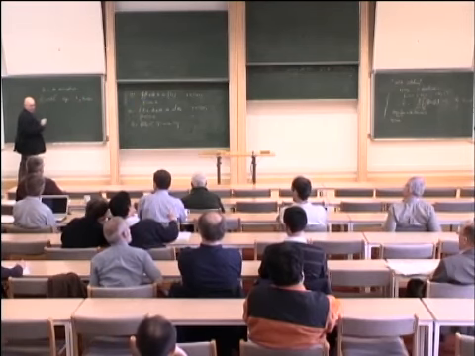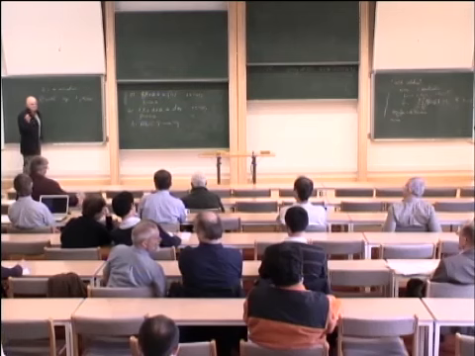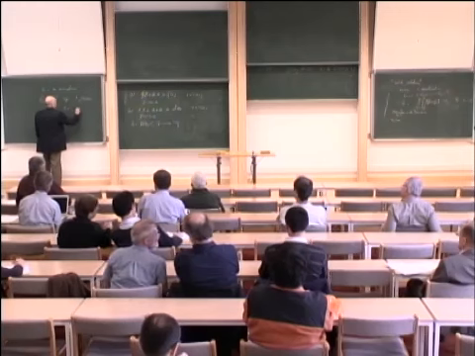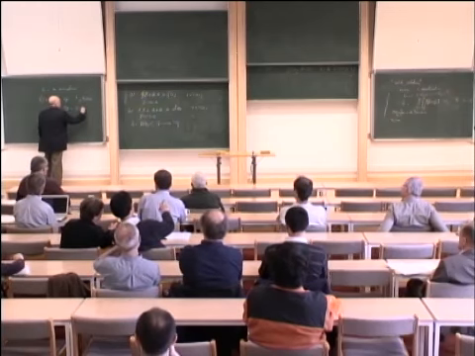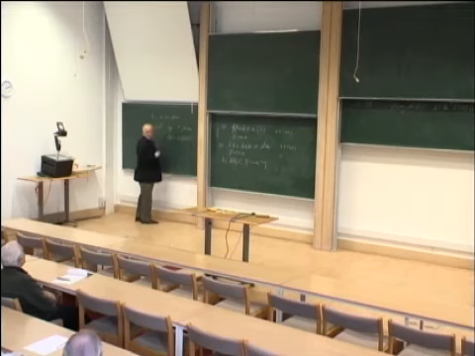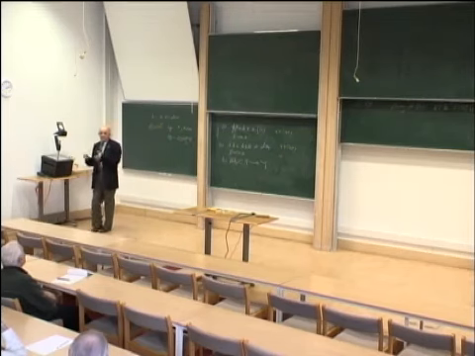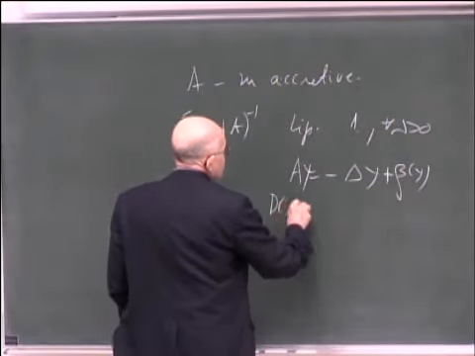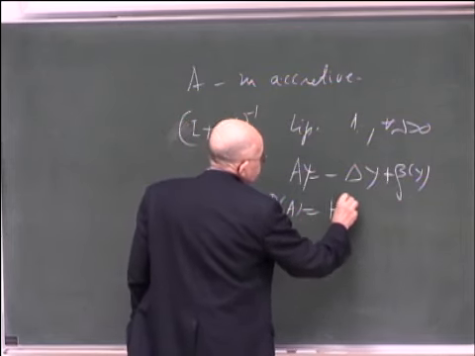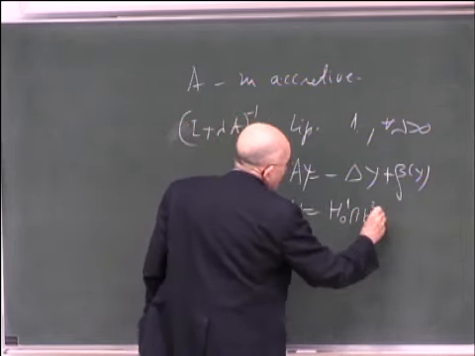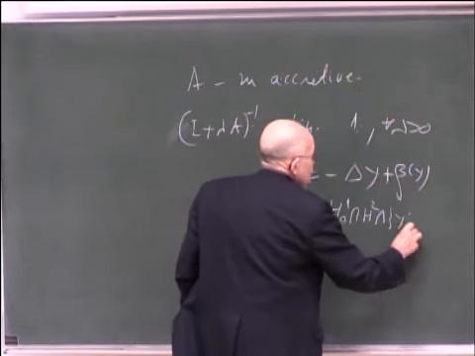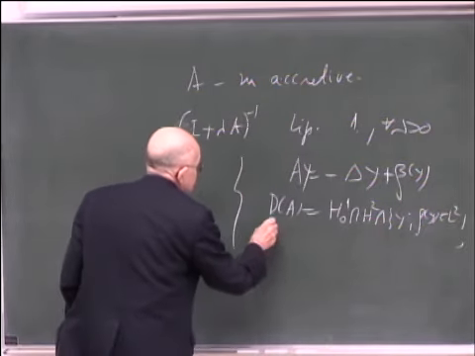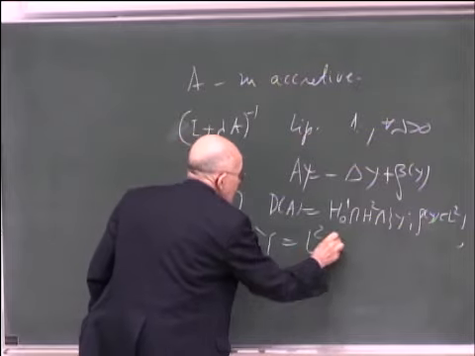For instance, an example of an M-accretive operator is this operator A y = -Δy + β(y), where β is a continuous function, could also be multivalued, with domain of A equal to the y in H^1_0 intersect H^2 for which β(y) is in L2. And the space Y, in this case, is L2(Ω).